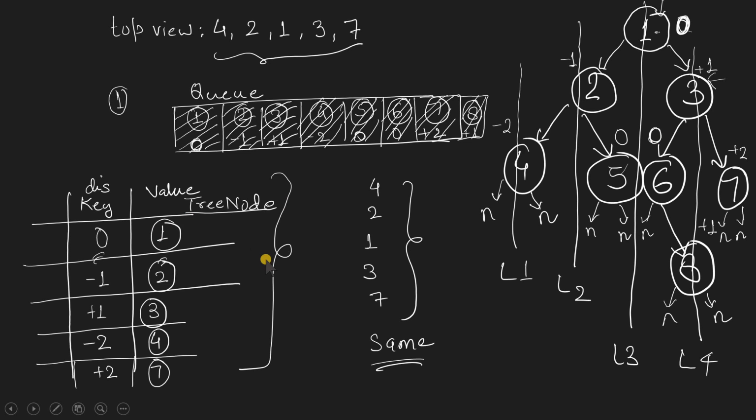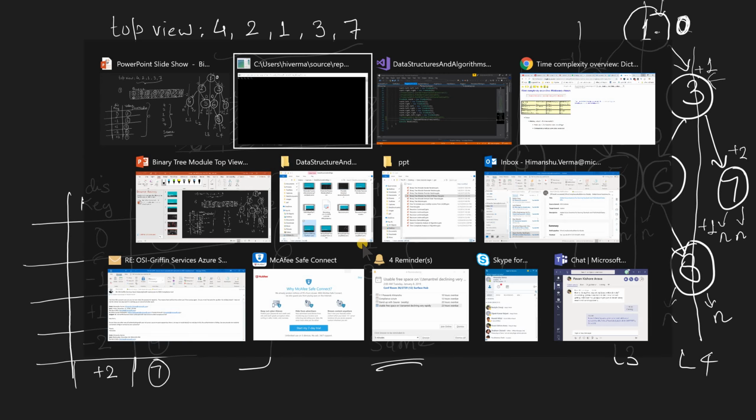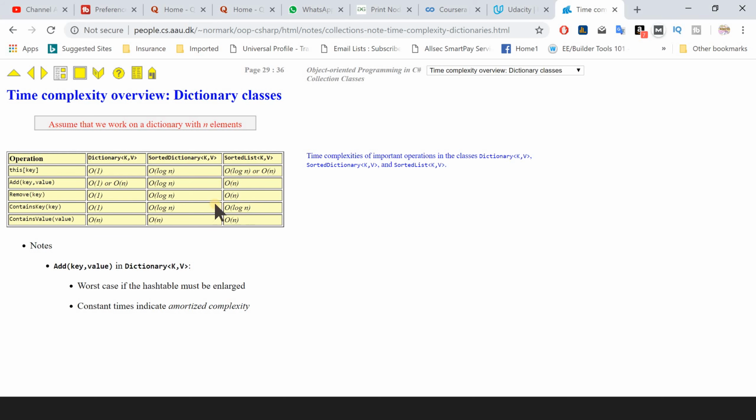So now let's come back here and understand what is the time complexity for add or contains key operation in the sorted dictionary, right?